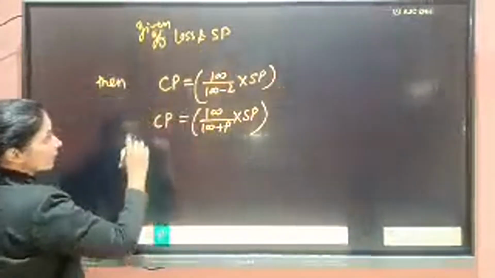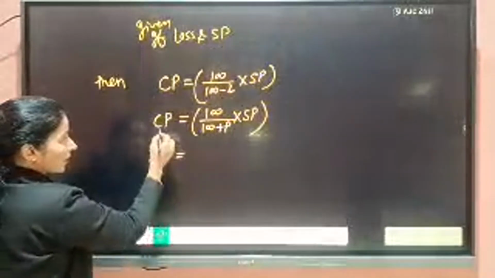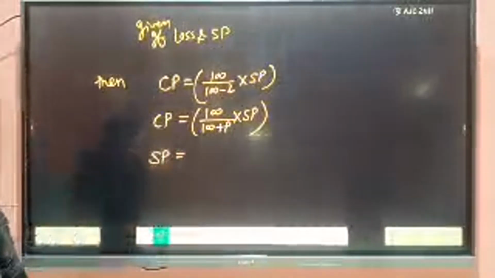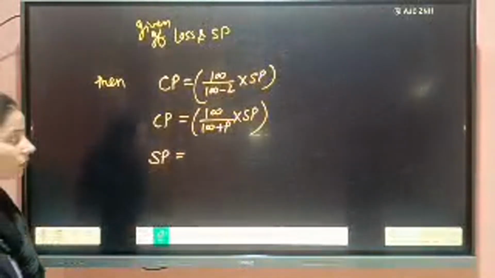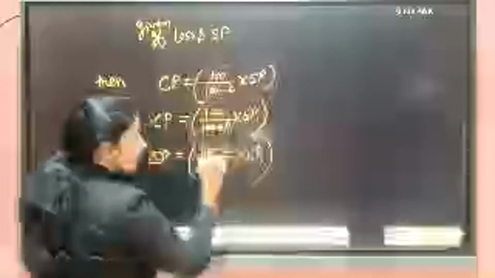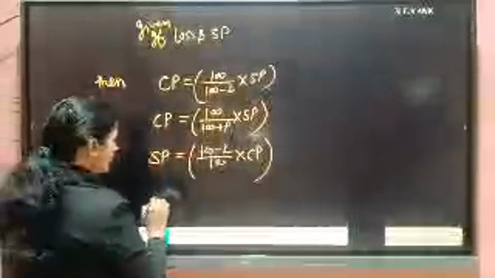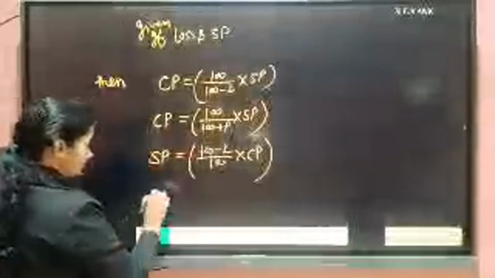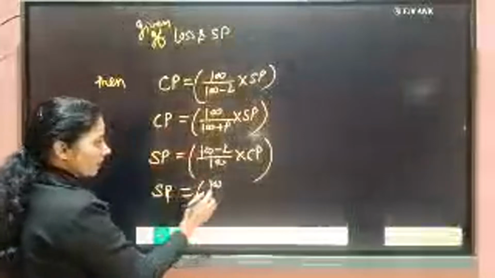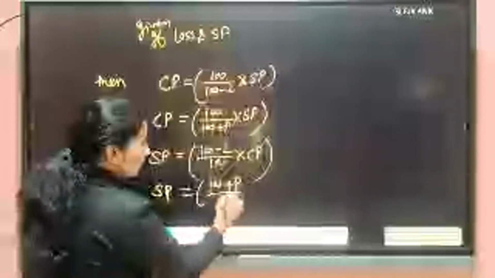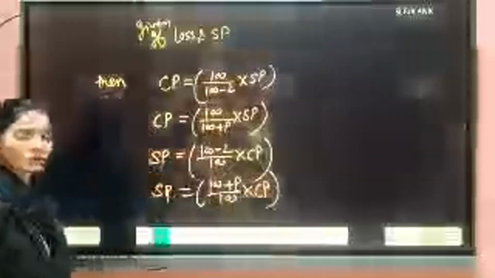What if SP has to be found, and cost price and loss or profit percentage are given to us? Selling price will be CP, 100 minus loss by 100 into CP, and SP is equal to 100 plus profit by 100 into CP.